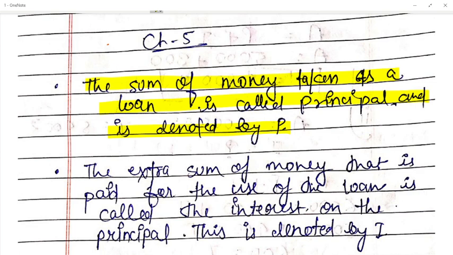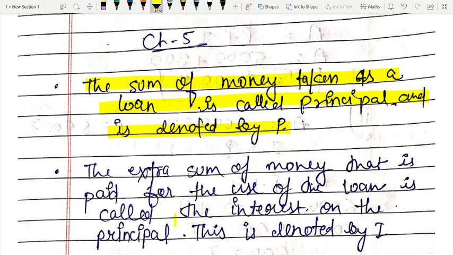The sum of money we have taken will be called principal, and principal will be denoted by capital P. It is called the principal amount.